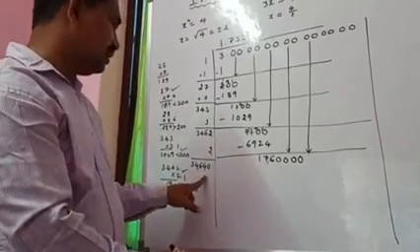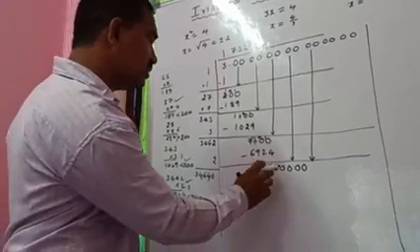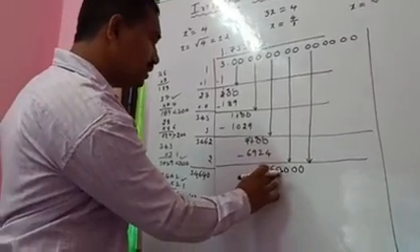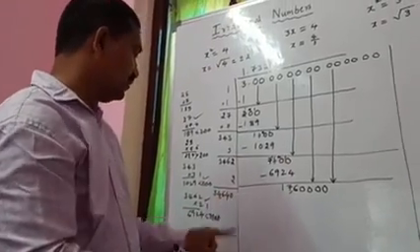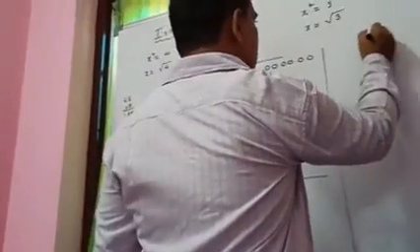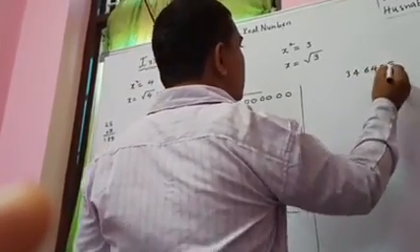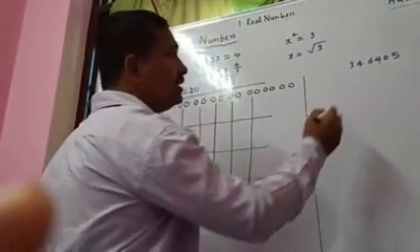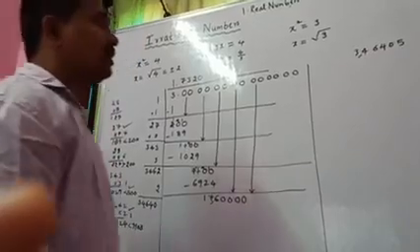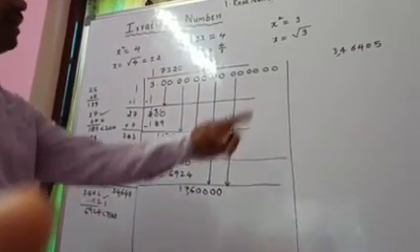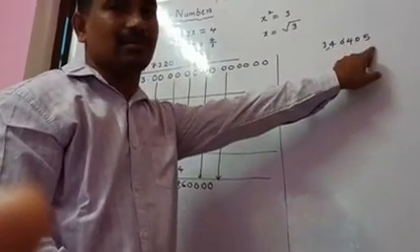So let us take this, 34,000, that is 17 lakhs. So if you take 5, 34,605, that becomes 3 lakhs 46,000. So if you take any number here, that is 3 lakhs.